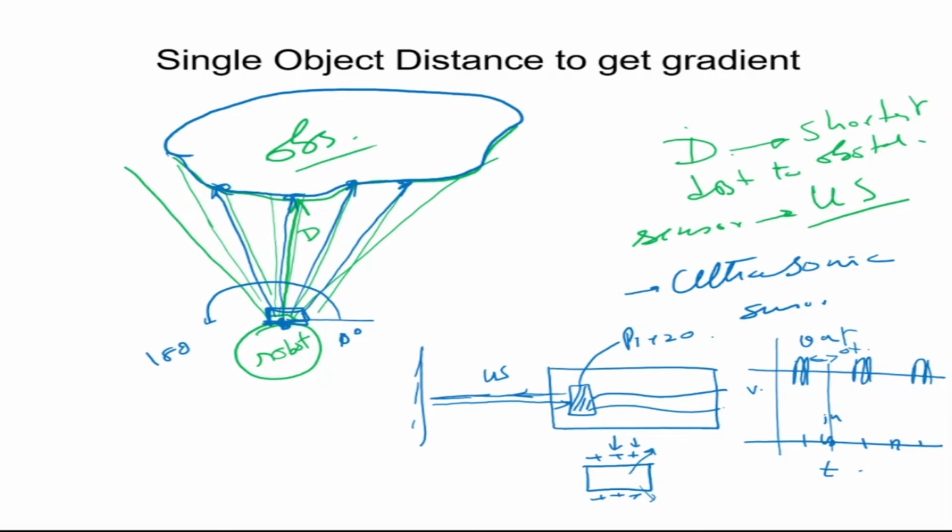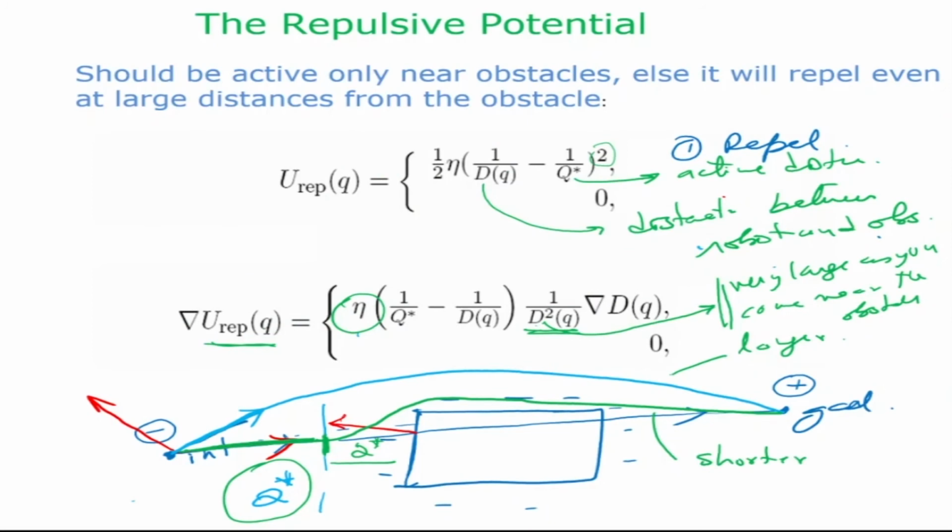So this distance is the shortest distance that we are talking about. This distance is the d that we talked about in the potential field function. So this d is found by an ultrasonic sensor, how far the robot is from the obstacle.